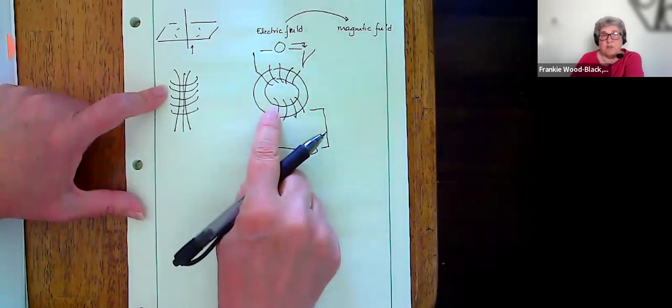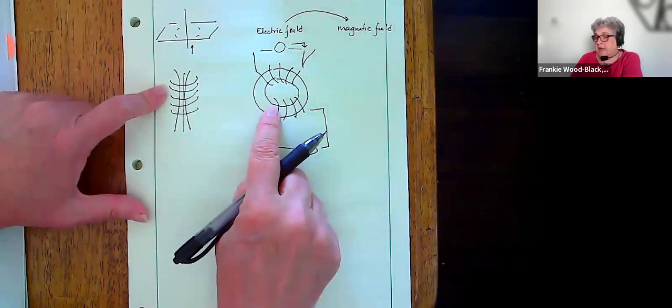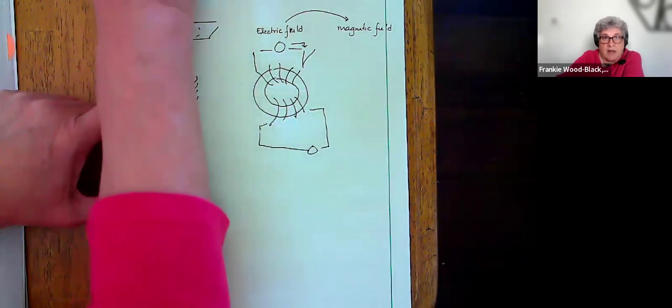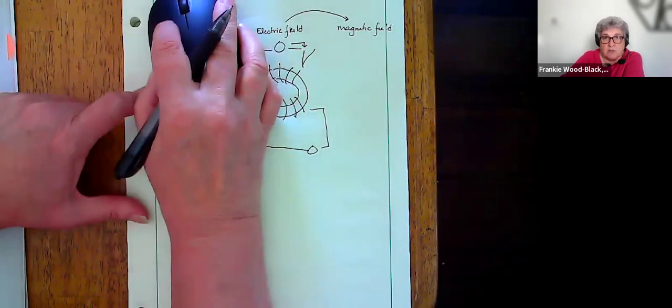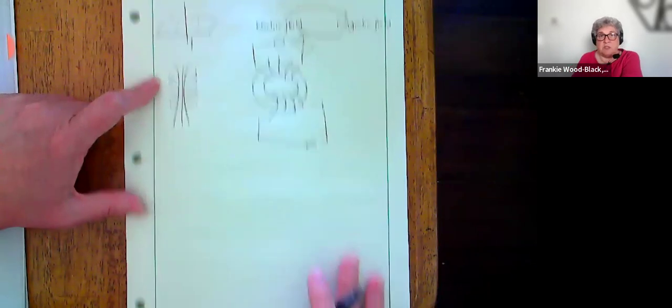And that became the first indication that the magnetic field was going to do something that would cause the electric field. So this gave you the reverse being true.